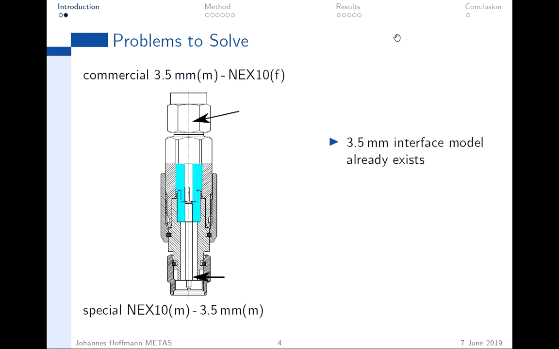And this one is from Next 10 male to 3.5 male. So the 3.5 male interface is not such a problem to model, but the Next 10 interface is a problem because there's dielectric, and you see that this dielectric is staggered. Basically, there's a part going from the male side to the female side and crossing the reference plane.